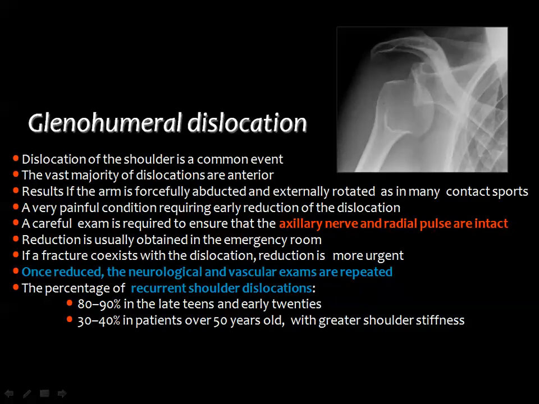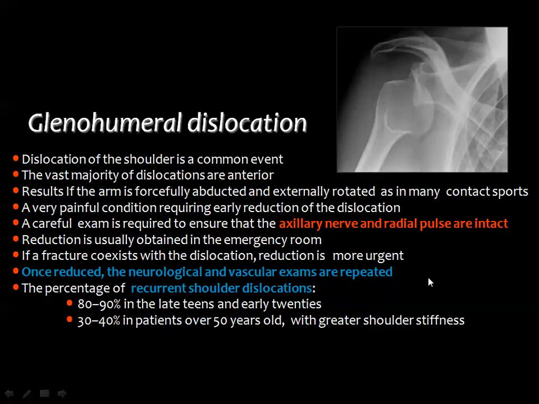Then there should be careful examination of the axillary nerve and the radial pulse to be sure that there is no nerve injury or vascular injury. And after reduction of the dislocation, you repeat the neurologic and vascular examinations to ensure the absence of any injuries.